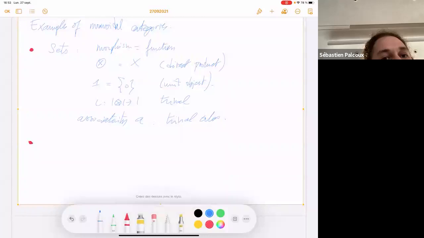Now, an example a bit more interesting. Consider the category of K vector spaces, with K a field.